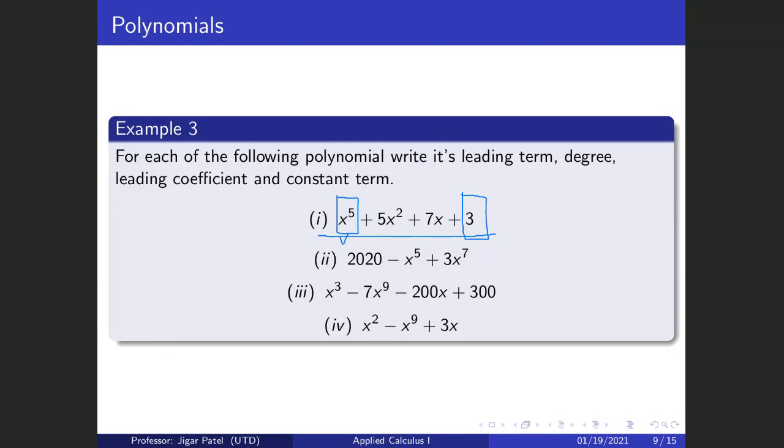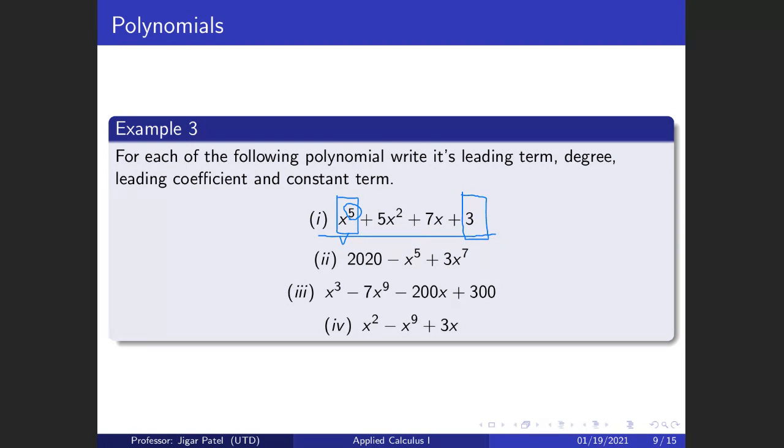Looks like there is nothing multiplied with x to the 5, so 1 is what we assume, right? So leading coefficient is 1. What is the degree of this polynomial? Well, degree is 5. Okay, so again, I identify the leading term and constant term first, and then looking at the leading term, I classified what is the leading coefficient and what is the degree.